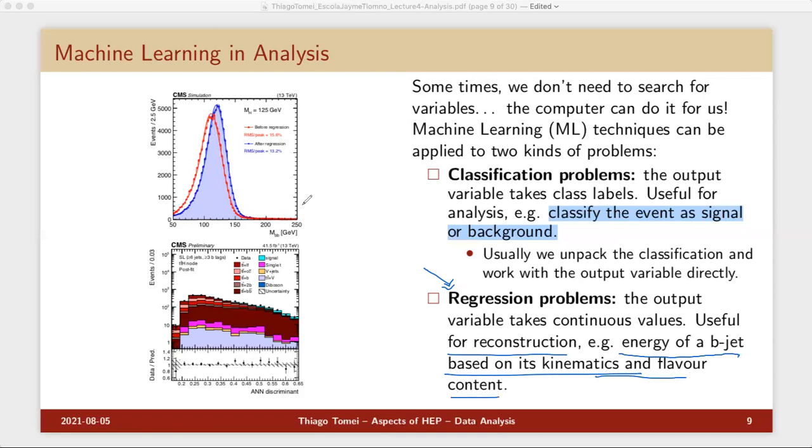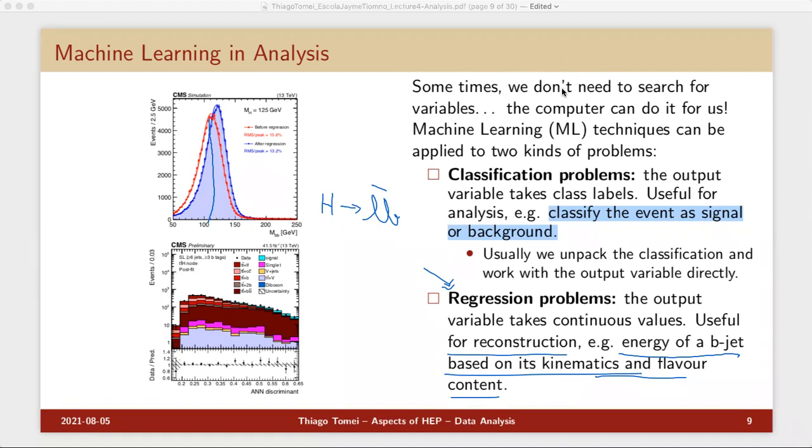Let's look at this example here. If you want to calculate Higgs to b b-bar, and you want two jets that come from dihadrons, before using the machine learning technique to correct the jets, the peak is not really at 125, right?